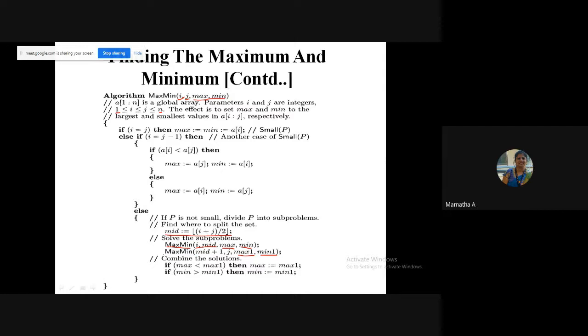In this respective call, what do max 1 and min 1 contain? Finally, the maximum and minimum of the second sub problem. Yes, after you find these two, right?